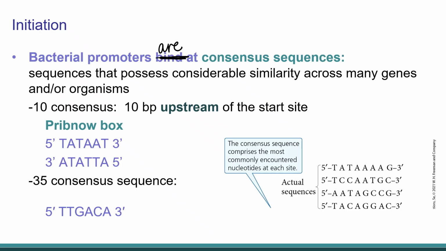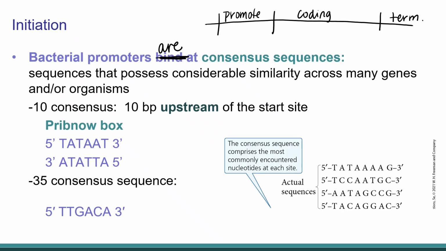So within the promoter, there are 2 consensus sequences, one that is located at 10 base pairs upstream from the transcription start site. So the transcription start site is going to be right at the edge of the promoter. We draw our gene sequence, our gene diagram. Again, we've got our promoter, and we've got our coding region, and we've got our termination site.